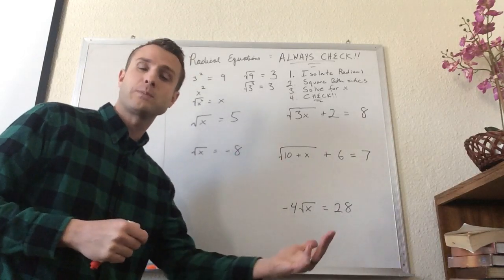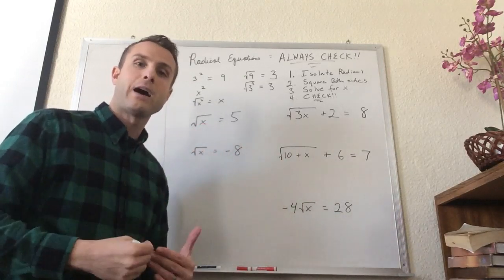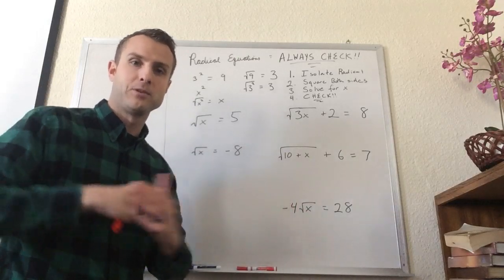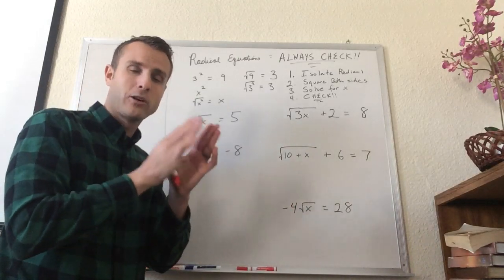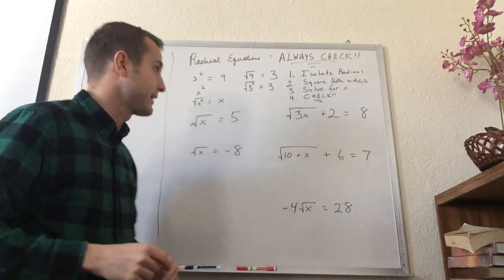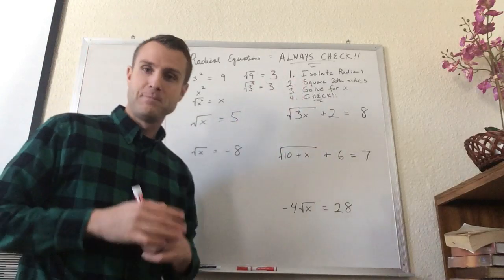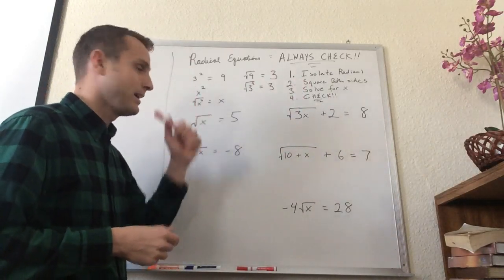If there's something being multiplied by the radical, I'm going to divide both sides by it. And if there's something being divided by the radical, I'm going to multiply both sides by it. My goal is to get whatever is inside the radical all by itself on one side, everything else on the other side.